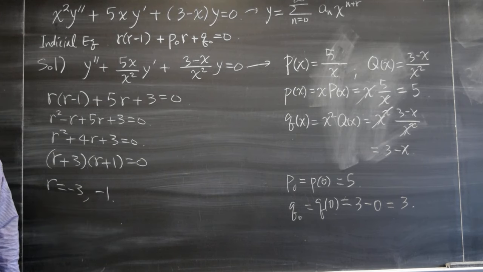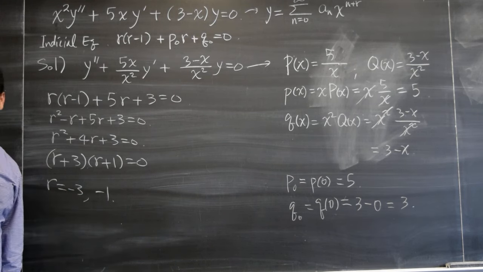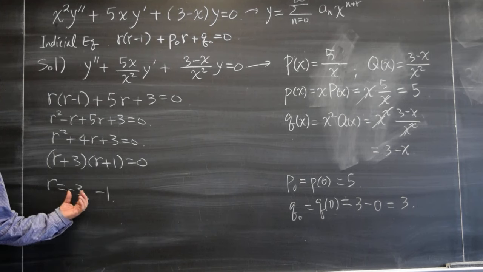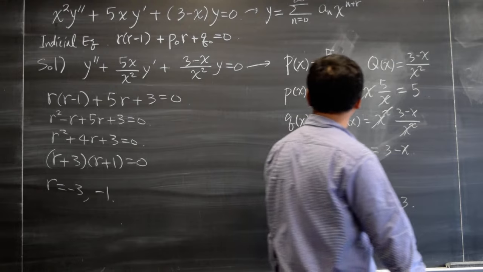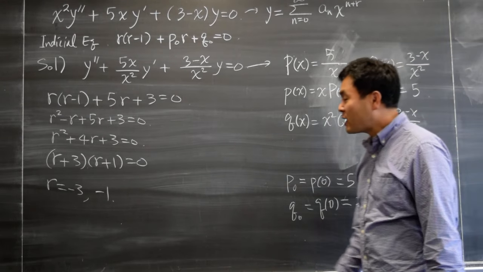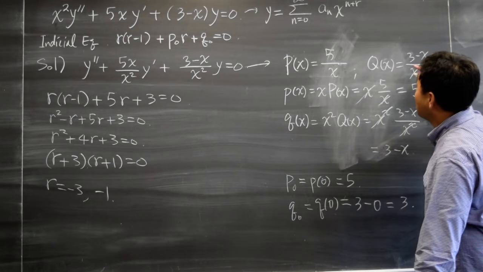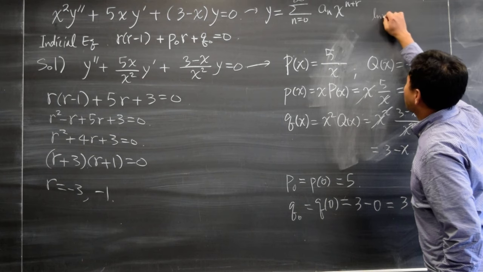Some people like to choose the lower number because if you choose the lower number, sometimes you get the entire thing. But the problem with the lower number is that when they differ by an integer, sometimes you have to modify the solution by this times ln of x.